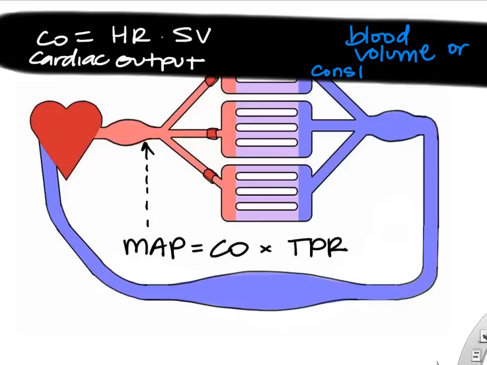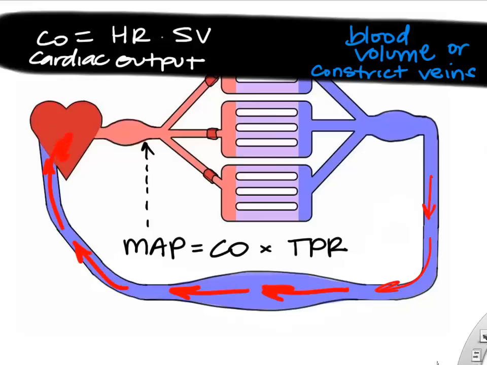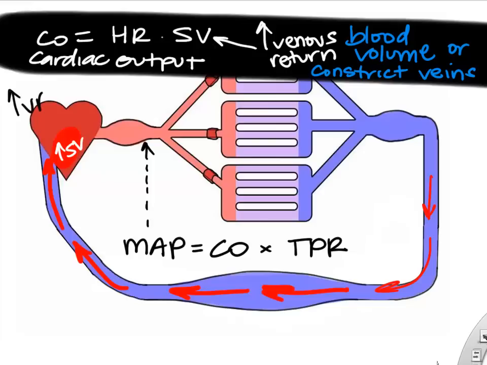Other ways we can affect our stroke volume, you might remember, is to adjust the venous return back to our heart. So one way we can actually increase stroke volume is simply to give the heart more blood to pump. So we increase venous return, which leads to an increased stroke volume.